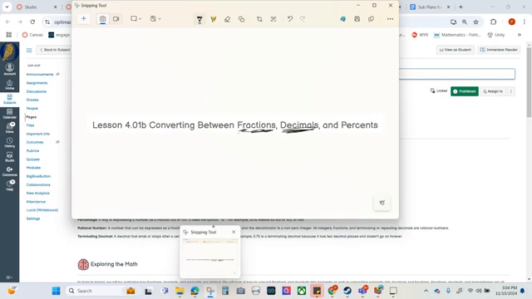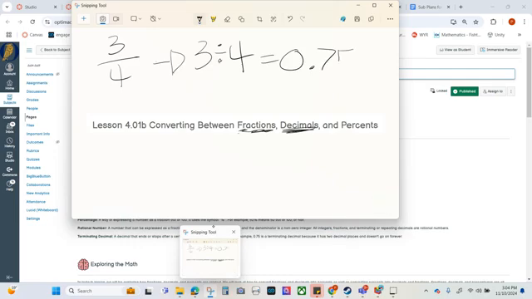Last time we learned we can turn all fractions into decimals by doing top number divided by bottom number. We type that in our calculator, top number divided by bottom number, we'll get a decimal. We also learned that we can turn all decimals into fractions by first looking at what place value the number ends in.